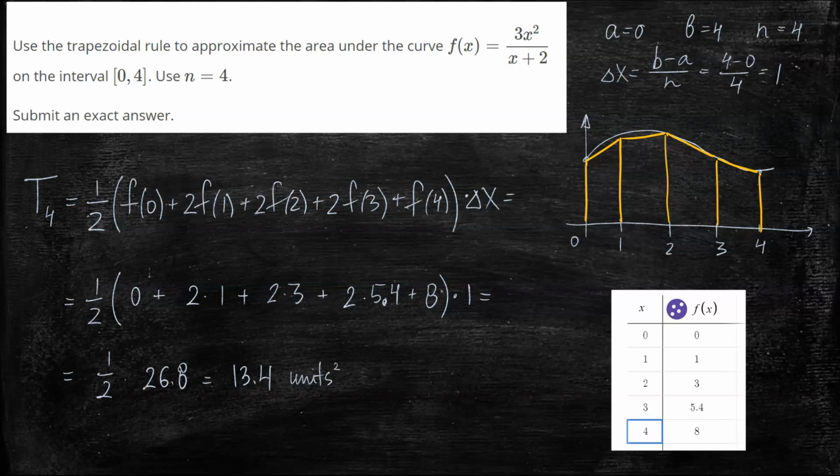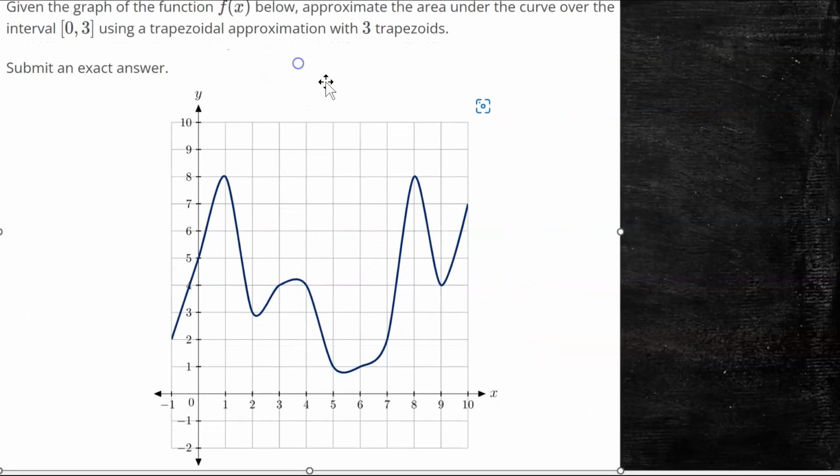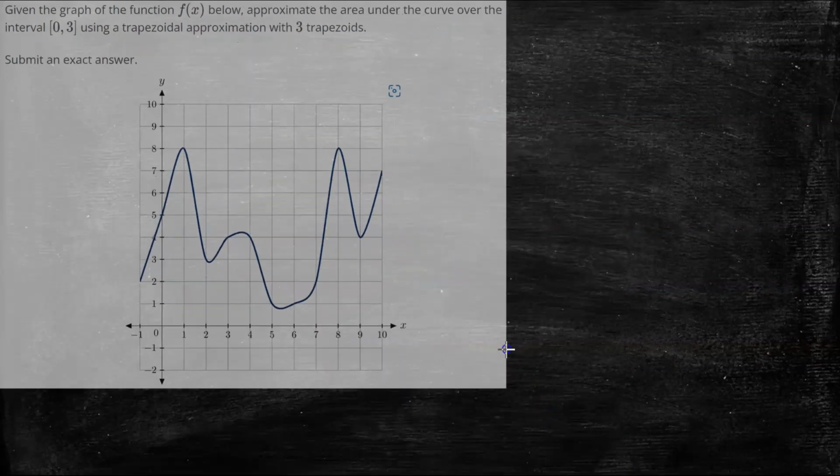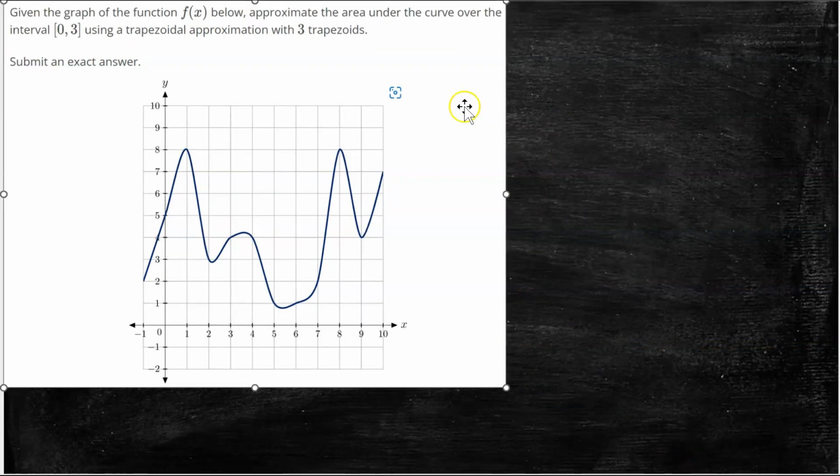Now we did it kind of analytically here using the process. Now let's try and do it geometrically, I guess, and let's take a look. So given the graph of a function below, approximate the area under the curve. And let's see.